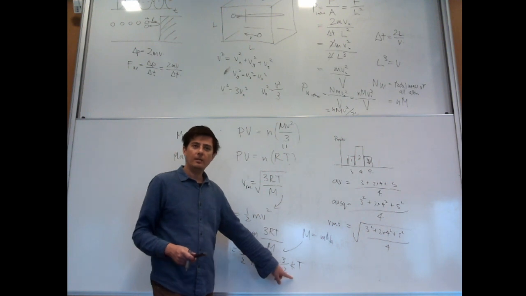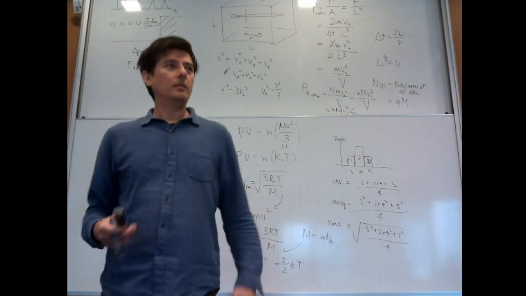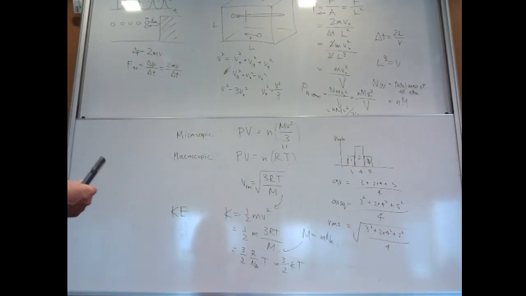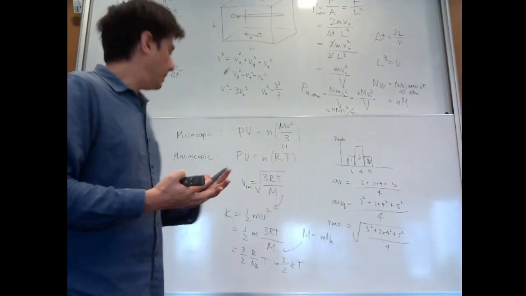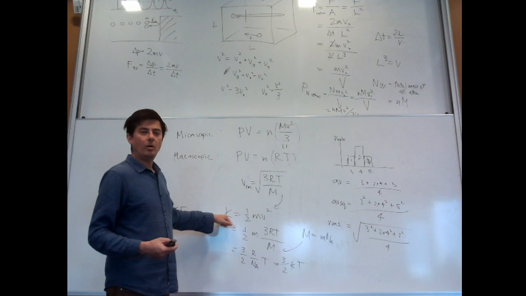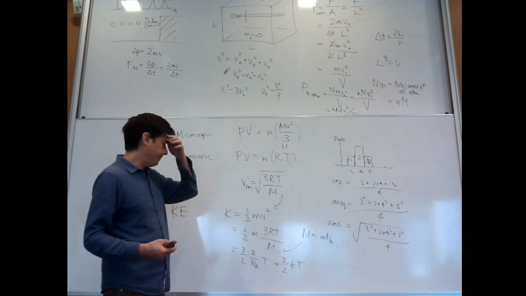It's not even related to the mass of the atom, which is kind of amazing in a way. So really, temperature is a direct measure of the kinetic energy of the gas.